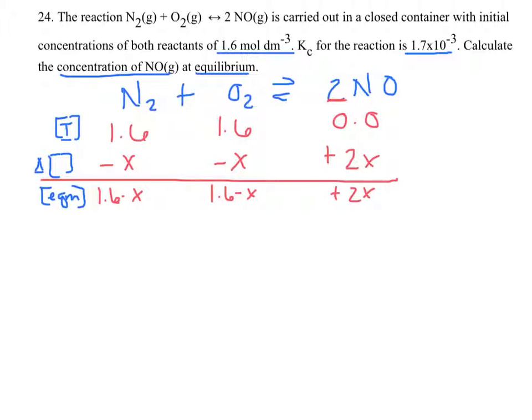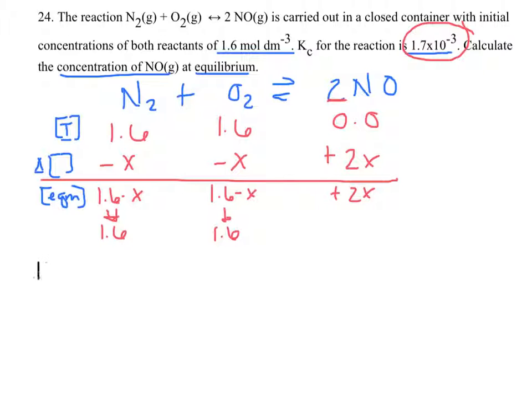Because our Kc value is incredibly small, that means we favor the reactants and the reaction barely starts. Therefore, we can assume that the concentration at equilibrium for our reactants is the same as its initial concentration. Therefore, these both are 1.6.